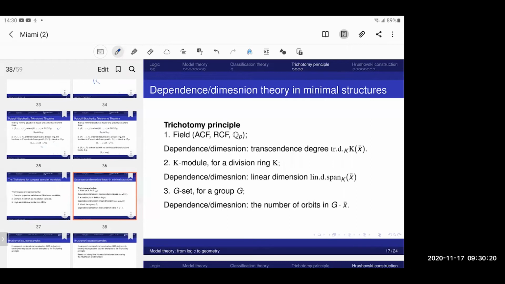So it's something that everyone knows. Then in the second class, it is linear dimension. And in the third class, it is the number of G orbits. So if it is really a G-set in a full sense, then it is the number of G orbits.